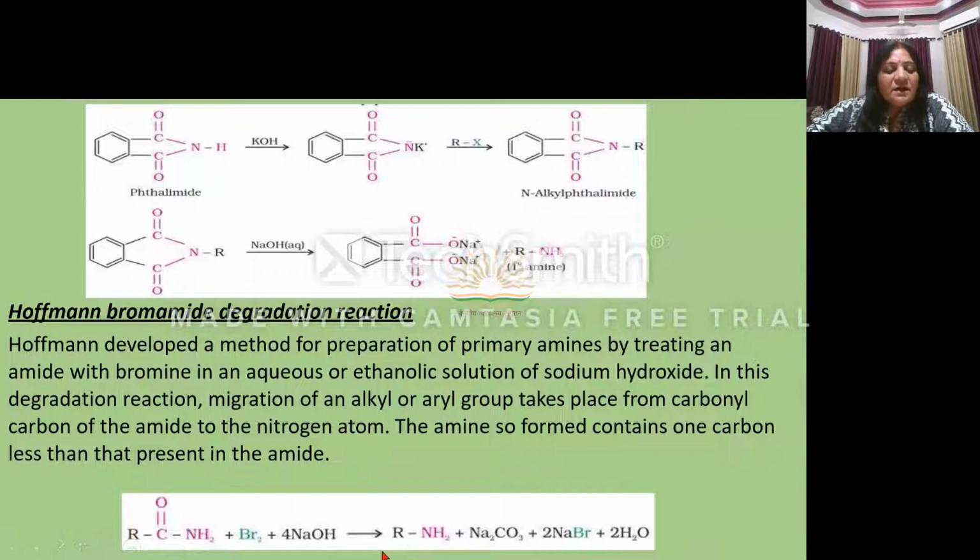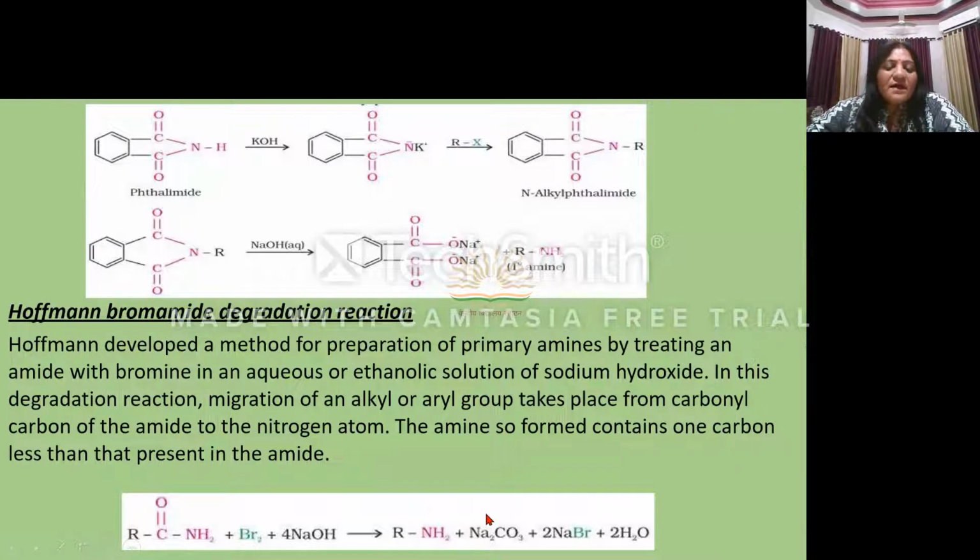Here if it is methyl, then there are 2 carbon atoms, and here is only 1 R. So the primary amine formed by this method has one less carbon atom, and the other products are Na2CO3, NaBr and 2H2O. Remember this point, here primary amine is formed having one less carbon atom from the amide functional group.